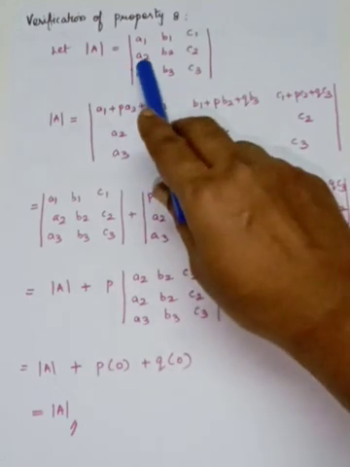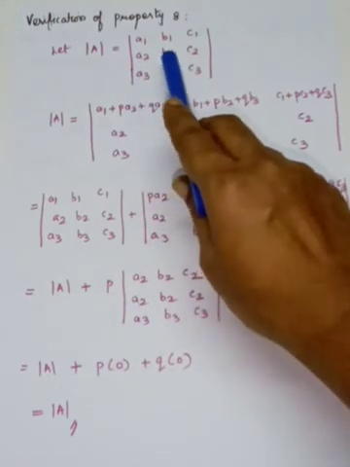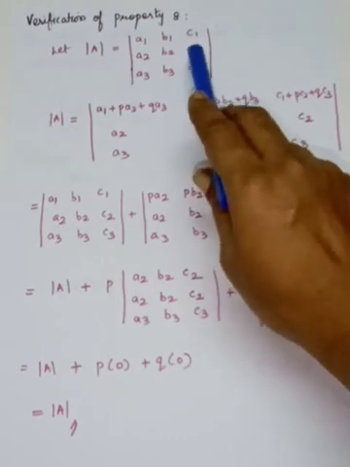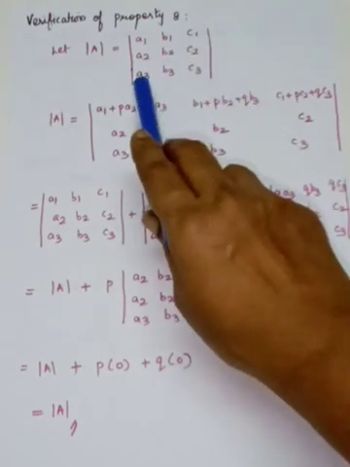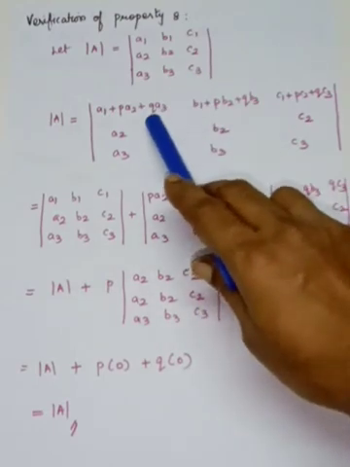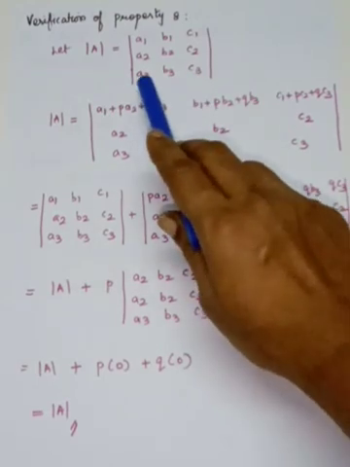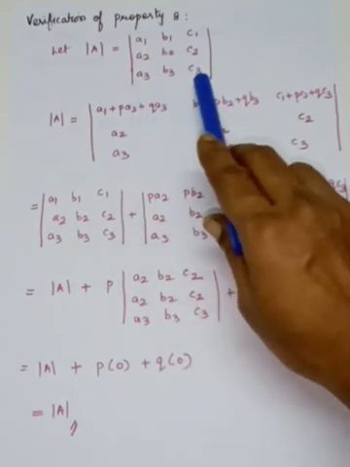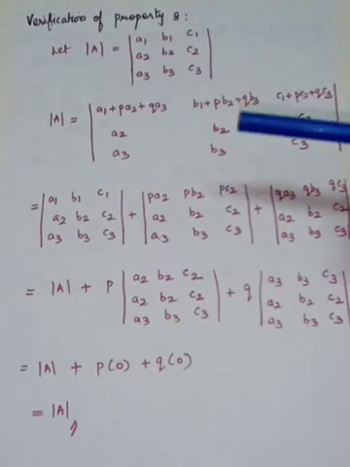So how will the second row come? PA2, PB2, PC2. And in the same way, the elements of R3 can be multiplied by some scalar q, that is QA3, QB3, QC3. And the corresponding entries have to be added.